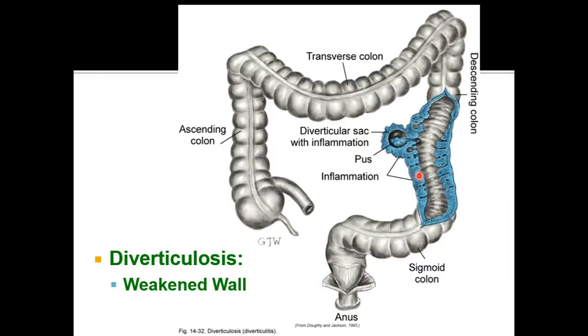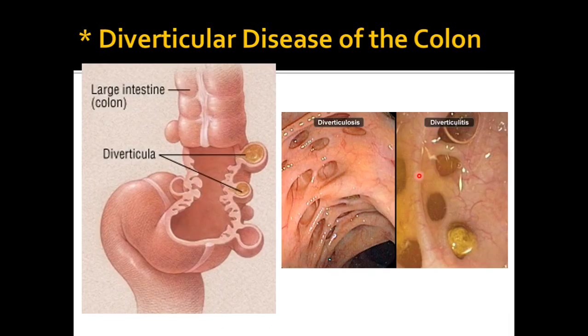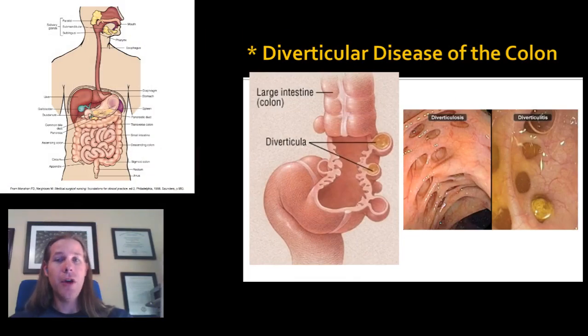All right, so let me go back 2 slides here. I'd like to ask in class, what are some risk factors that you can think of that lead to the formation of diverticulum in this case? And also, I like to ask, what patient population do we see diverticulosis and diverticulitis most often in?